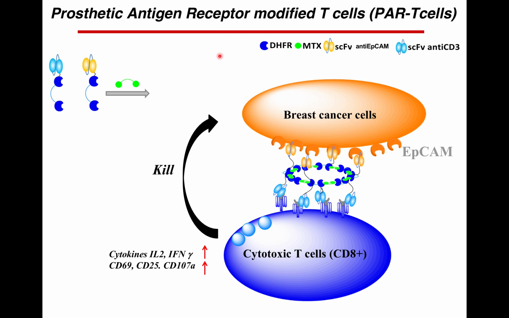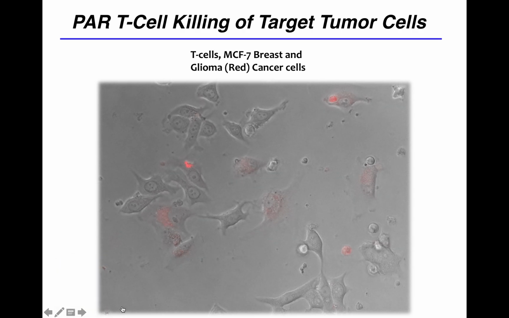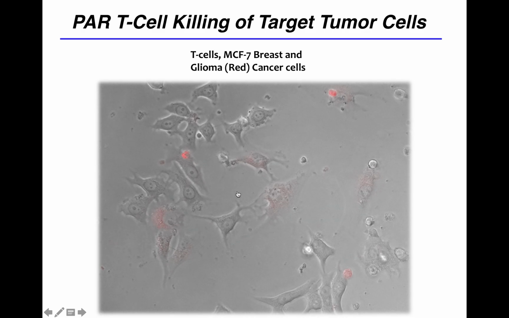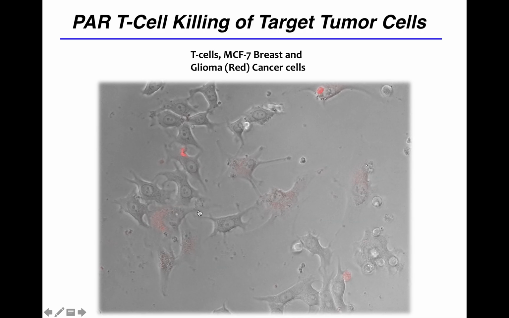So we refer to these as prosthetic antigen receptors, and these nanorings are able to initiate this targeting. If we were to look at cells, these cells here stained in red are glioma cells.